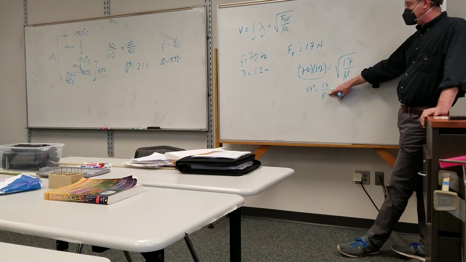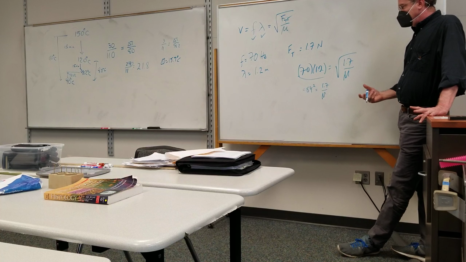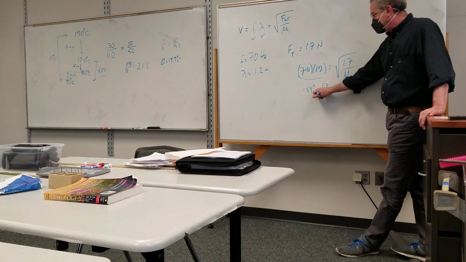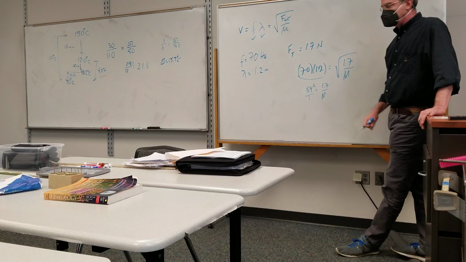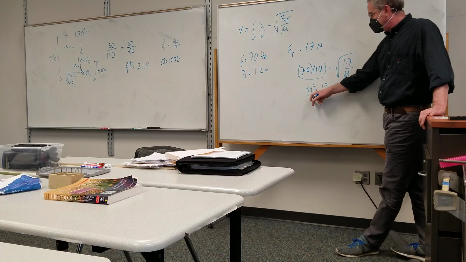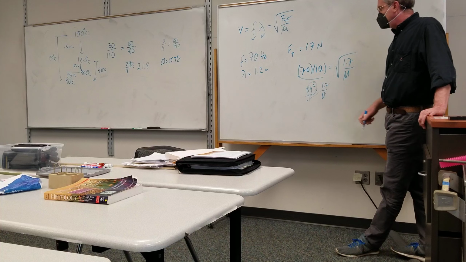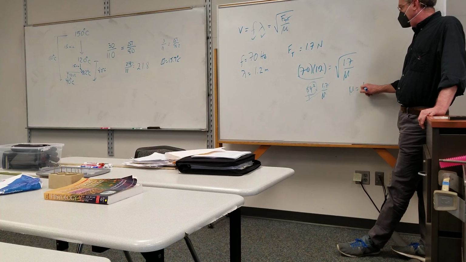Mu on the bottom is a lot harder to deal with. There are a couple of ways of doing it, but I'll create my two fractions equal to each other and then do cross multiplication. I multiply the diagonal I know, and divide by what's left over. So mu would be 1.7 over whatever 84 squared is.